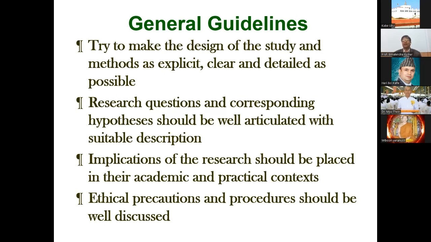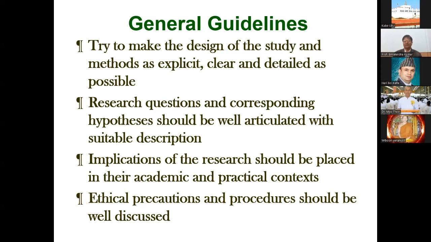What are the general guidelines for a research scholar for making a research proposal? So let us discuss one by one. Try to make the design of the study and methods as explicit, clear, and detailed as possible. First of all, we have to make a proposal of the research that is meant for the title of the research, the topic also.